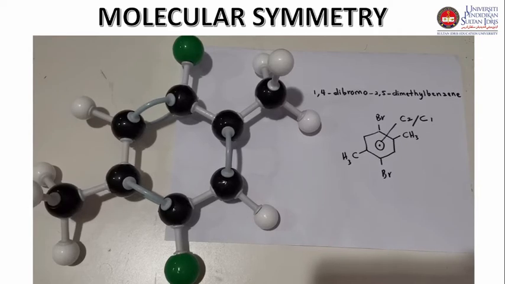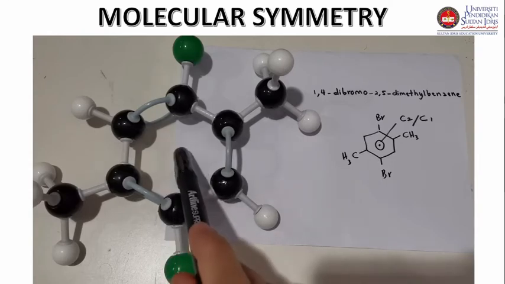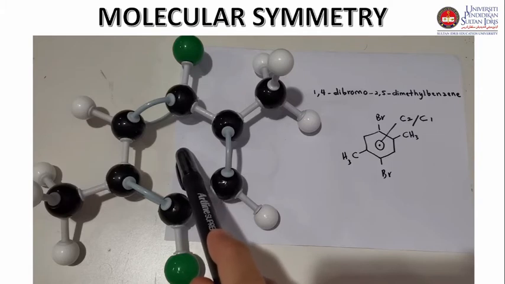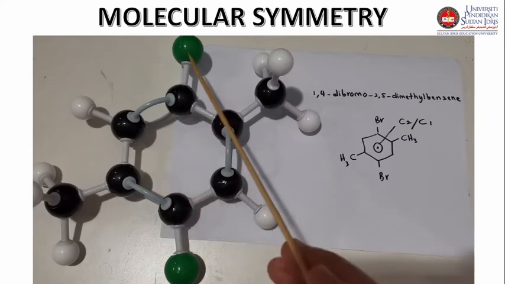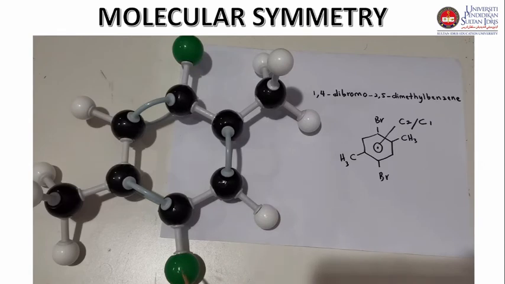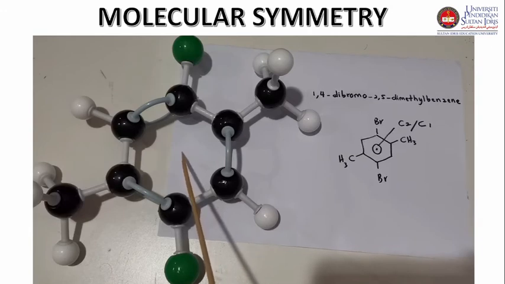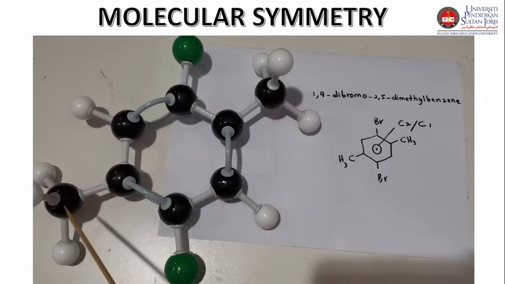Now we check whether a center of inversion exists or not. Consider the center here, with a bromine atom above and a bromine atom below. Going through the center, we obtain this hydrogen and that hydrogen, and along the carbon atoms we obtain methyl and methyl group.